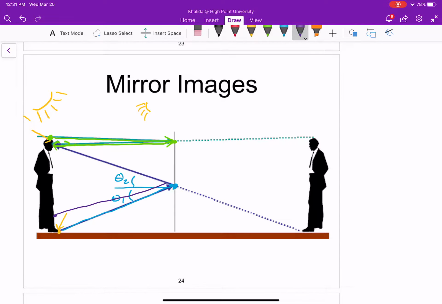That would hit more like that and hit his eye. His waist would hit like this and go back to his eye. His belt would hit somewhere around here and go back to his eye. His tie will hit somewhere around here. So every single part of his body is actually a ray that is bouncing from the source, off of whatever you're seeing, onto the mirror, and then back in your eye. So lots of bouncing around by the time it gets to your eye.